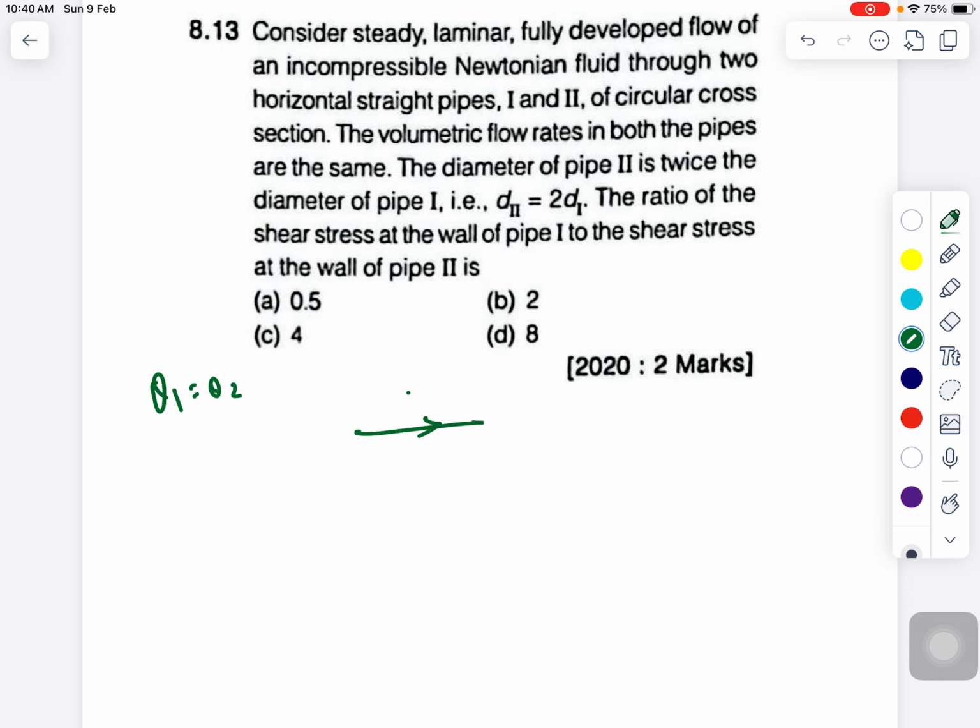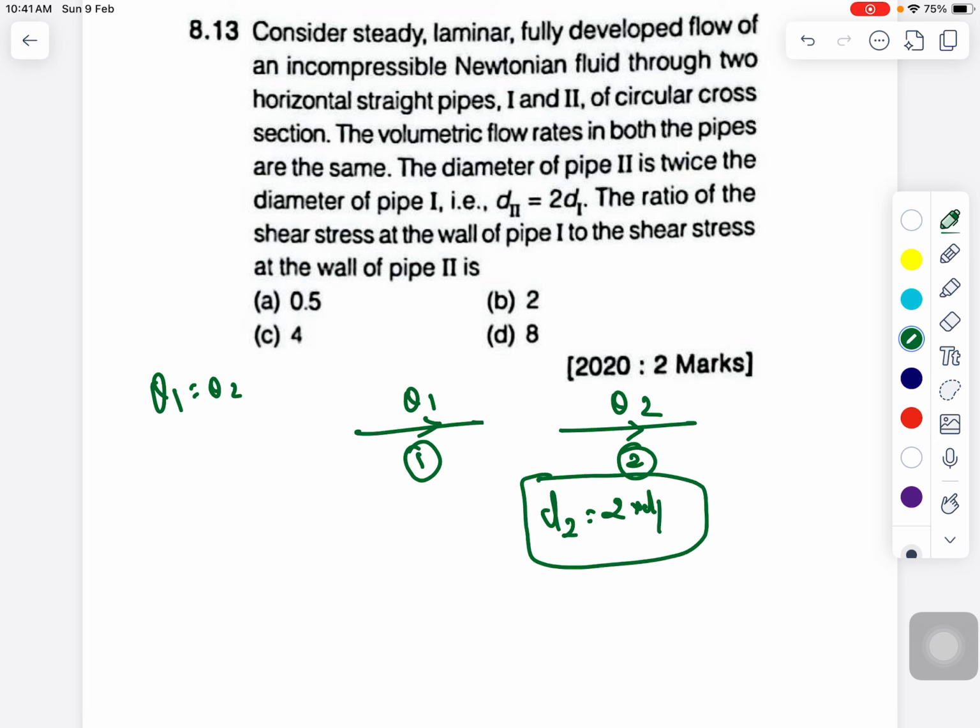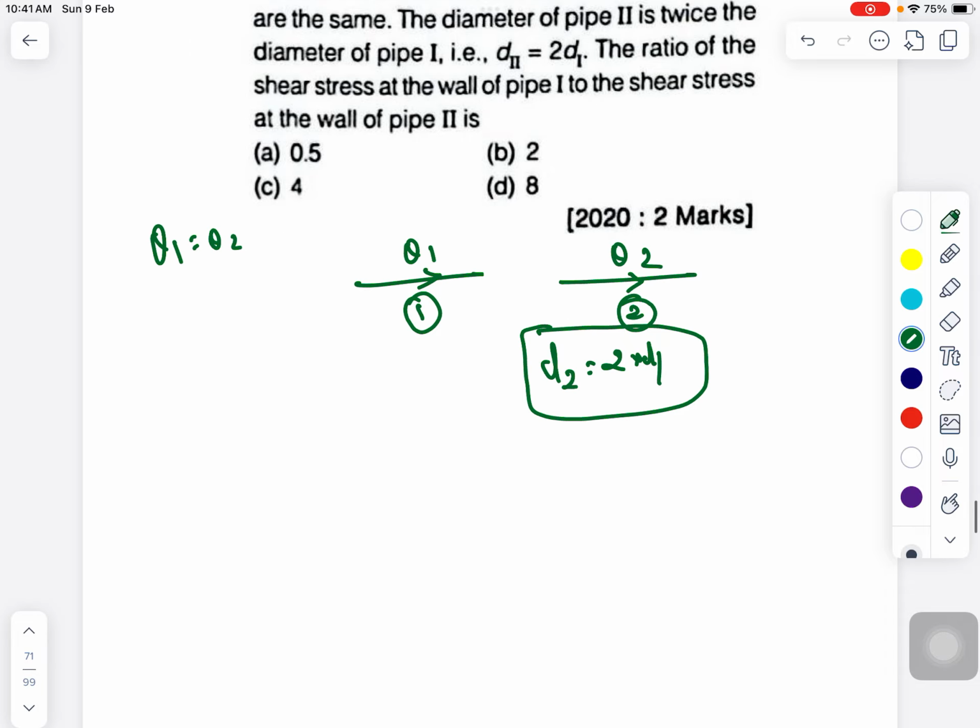The diameter of pipe 2 is twice the diameter of pipe 1, so D2 will be equal to 2 into D1. All of this information has been given to you. You are supposed to calculate the ratio of the shear stress at the wall of pipe 1 to the shear stress at the wall of pipe 2, that is tau 1 by tau 2.